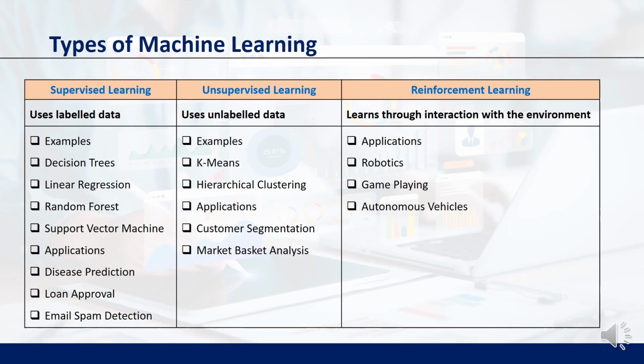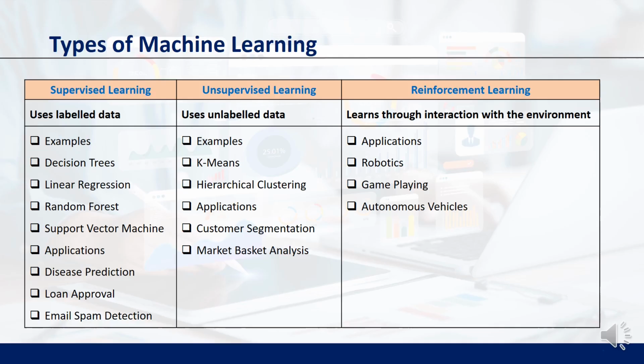For example, if we have customer information along with the actual loan approval decision, the data is labeled. The model can learn from these examples. The second category is unsupervised learning. Here we use unlabeled data. The algorithm tries to discover the hidden structure or groups in the data.